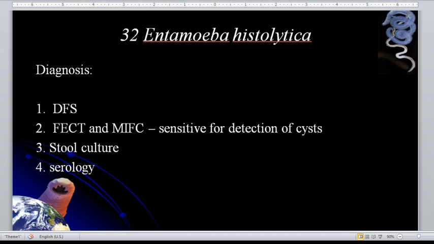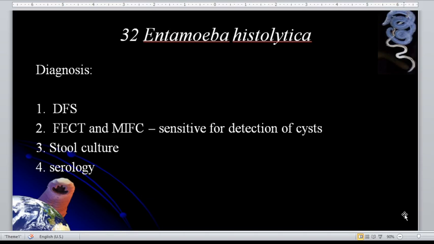That's why in reporting, from a seminar that I attended, the speaker mentioned that if you see only cysts in the stool sample, you cannot report it as Entamoeba histolytica. You should report that as cyst of Entamoeba histolytica/Entamoeba dispar.